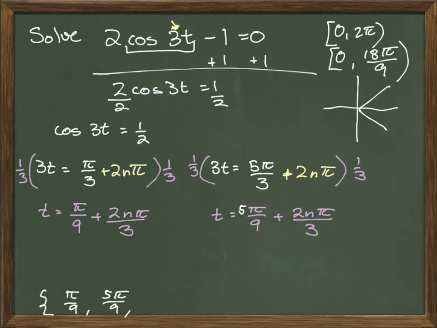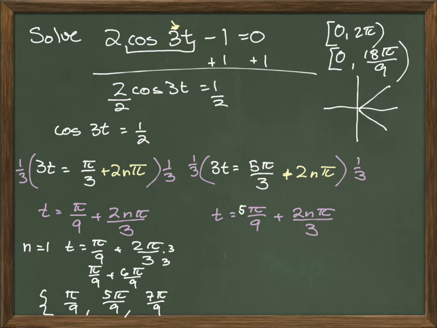Now we're going to make n equal to 1. N is equal to 1, we get t equals pi over 9 plus 2 pi over 3. Which means, like I said, the least common denominator is 9. So that is pi over 9 plus 6 pi over 9, which is what? 7 pi over 9.